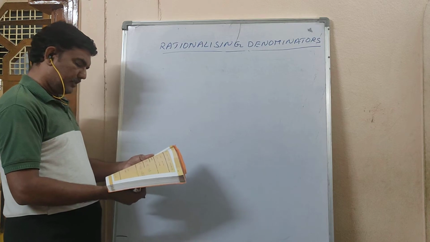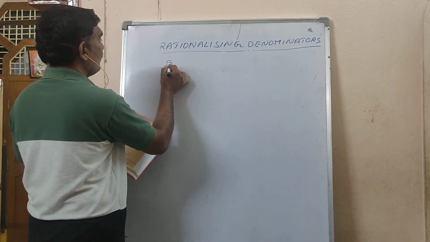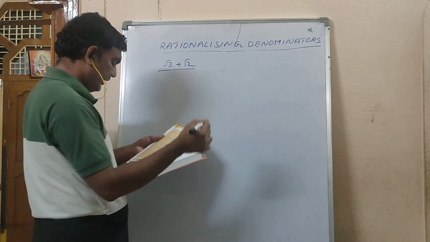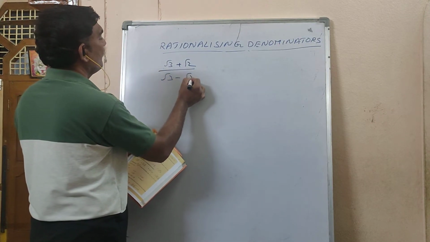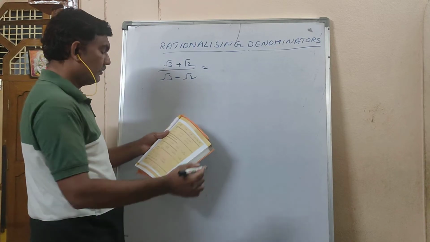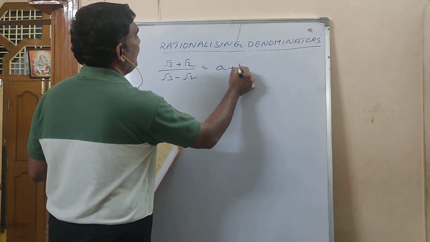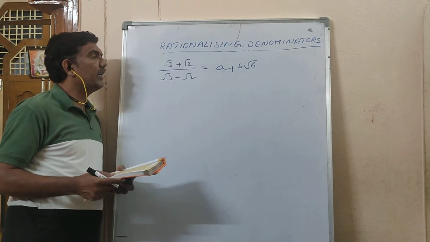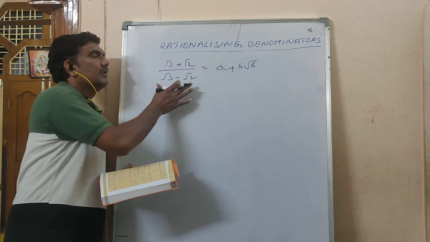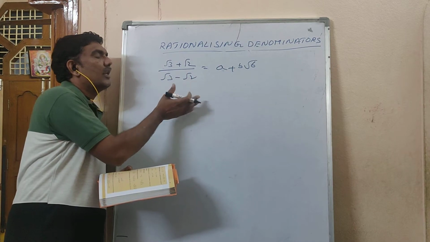This problem is 3 plus root 3 plus root 2 divided by root 3 minus root 2 is equal to a plus b root 6. Find the values of a, b. This problem is similar to the previous one.